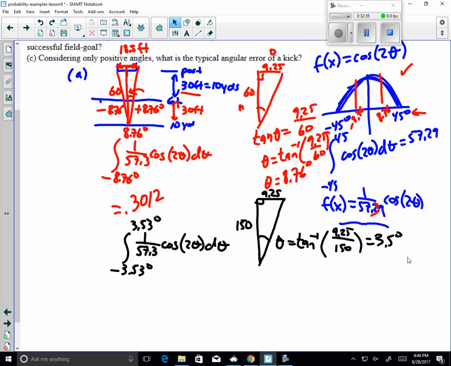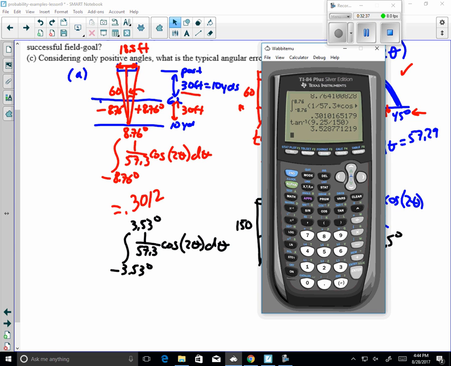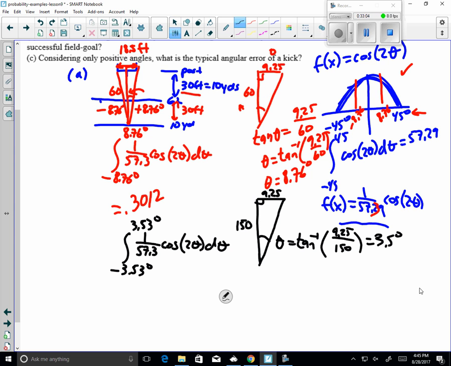And if we did that in the calculator, math 9, from negative 3.53 to positive 3.53 with 1 divided by 57.3 times the cosine of 2 times the variable key, close parentheses, dx. The probability decreases to only 12.29%, right? So the probability would be 12.29.